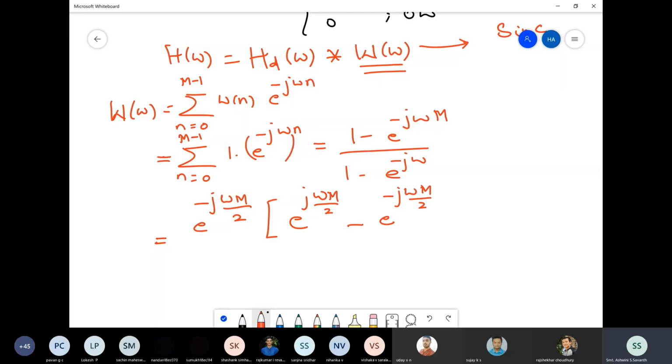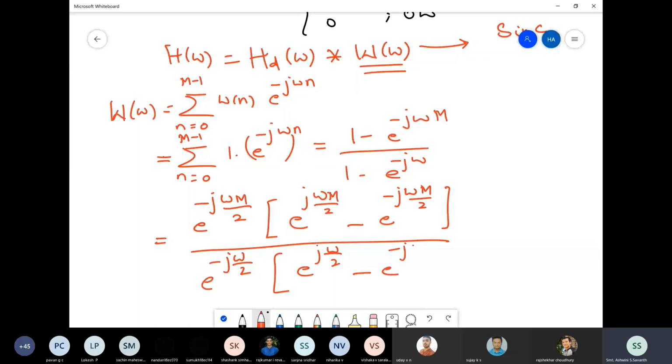That is the term in the numerator. Then the denominator. Let's take e power minus j omega by 2. So this will be e power plus j omega by 2 minus e power minus j omega by 2.